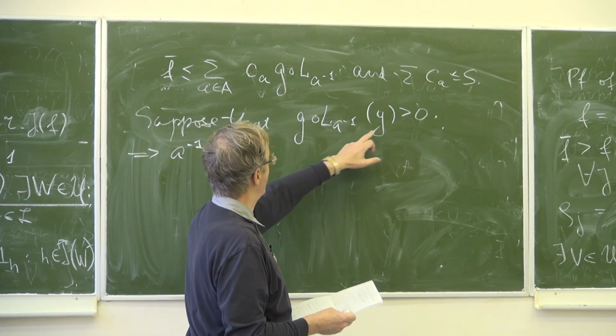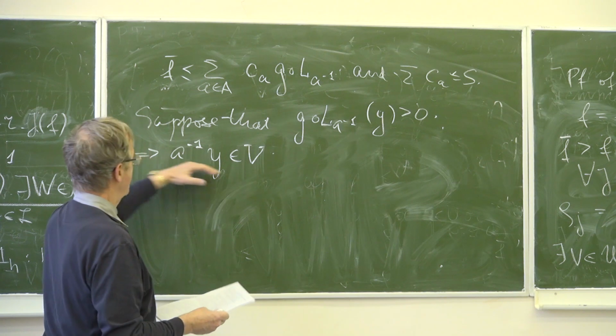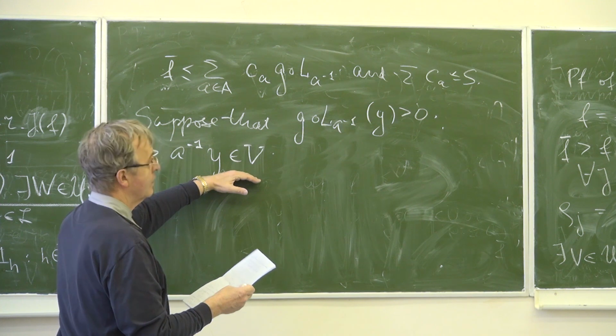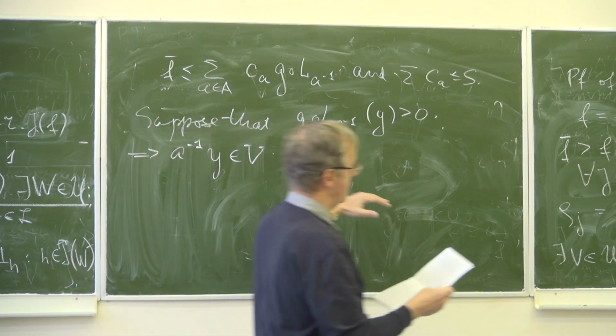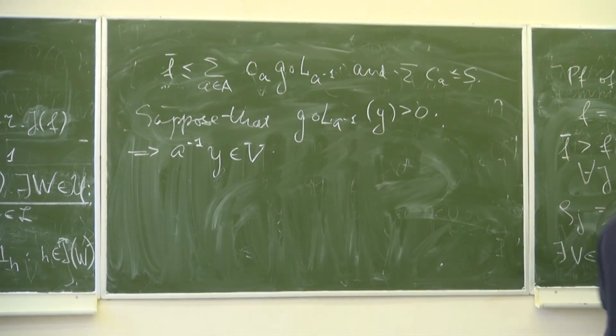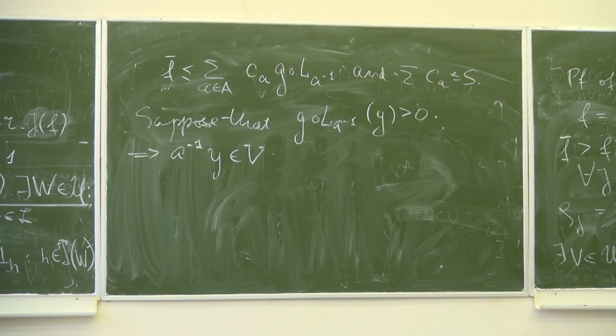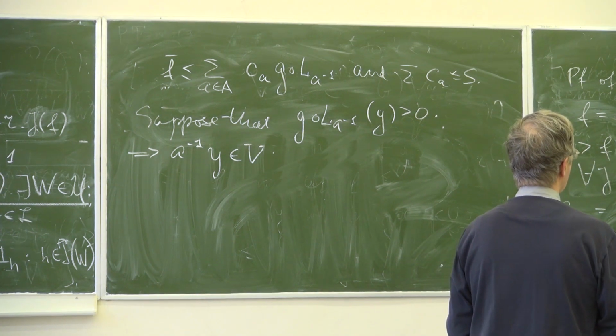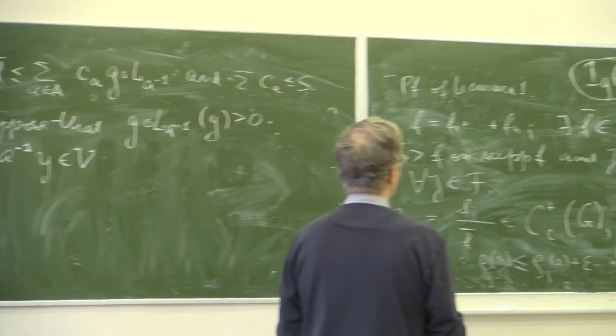And if it is non-zero, then we have the following thing, because our G is supported on V. Yeah, it's in the statement of the lemma.